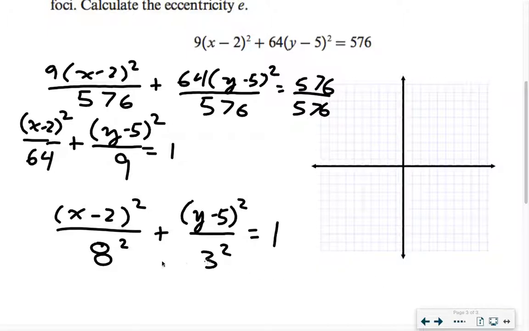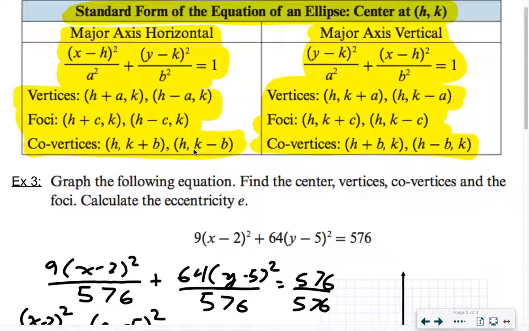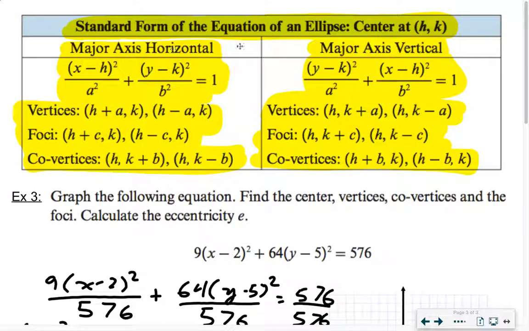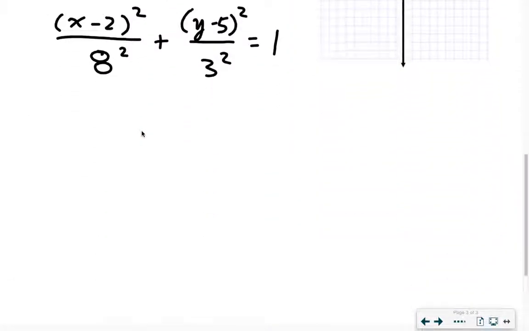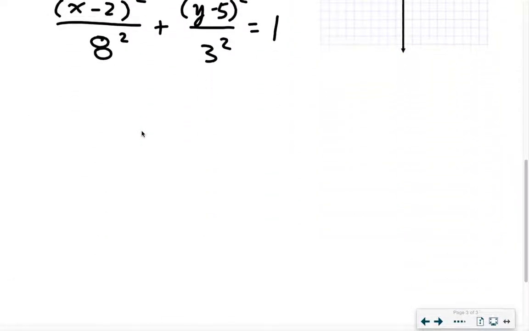Therefore, the A value is located under the X variable. So when determining horizontal versus vertical, here the A value is located under the X, so this thing is going to have a major axis that is horizontal. Therefore, you'll use the left side of the boxes as opposed to the right. Good luck.